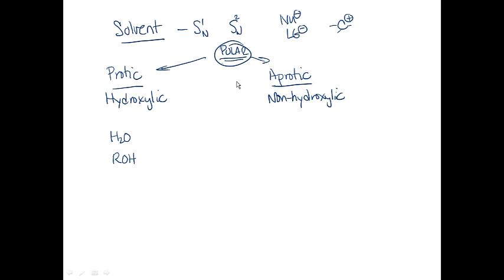Can I think of some aprotic polar solvents that are non-hydroxylic? Well, probably the one that we've encountered the most this semester in lab has been this one, which is acetone. There are also molecules like this, a C triple bond N. This is called acetonitrile.